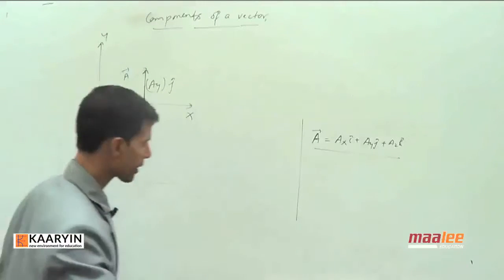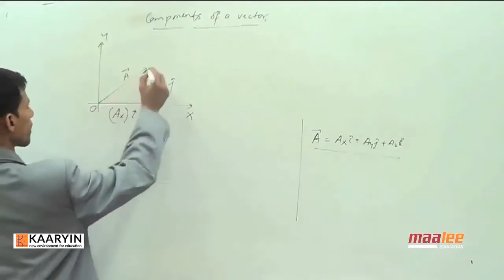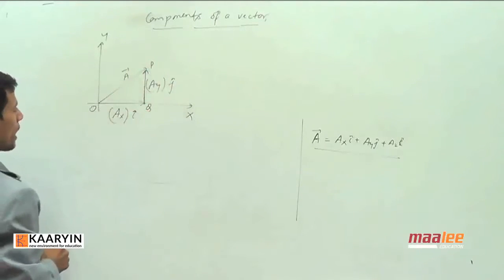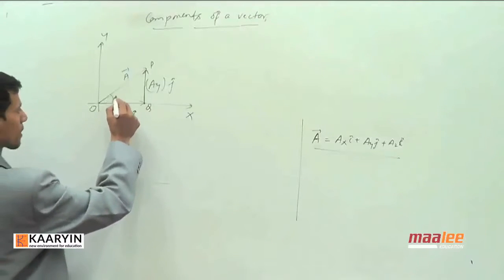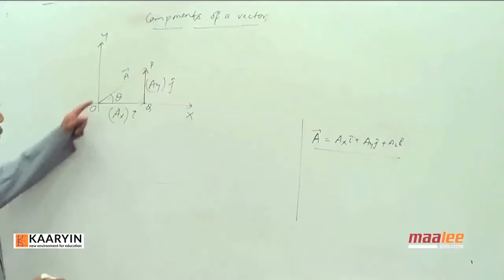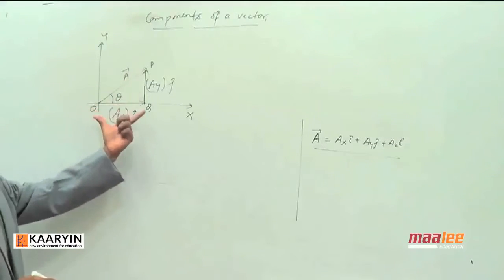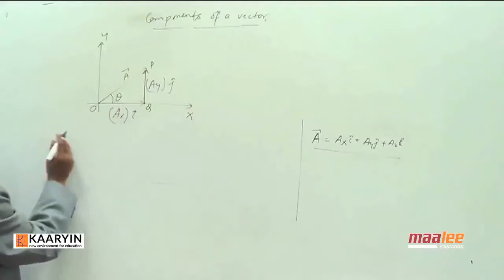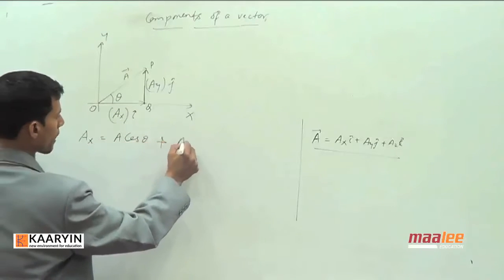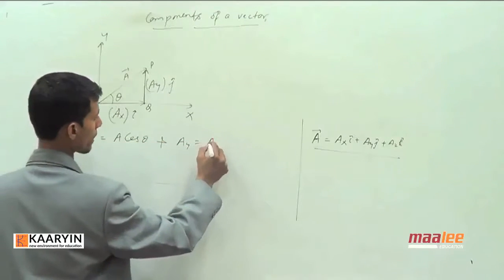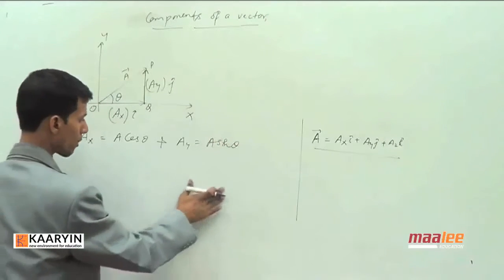Suppose we look at a triangle OPQ. If the angle of A with the x axis is theta, then in triangle OPQ, OQ is A cos theta. That means Ax will become A cos theta and Ay will become A sin theta. In triangle OPQ, I apply the trigonometric rule.